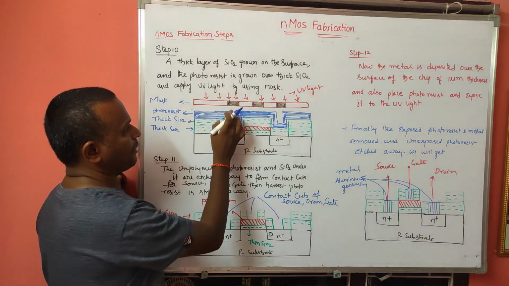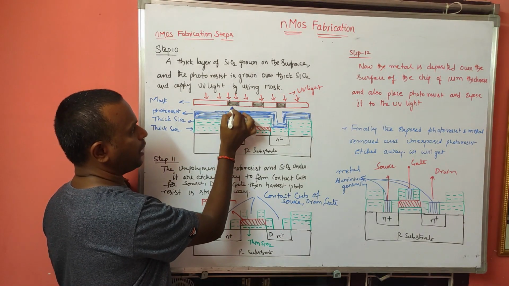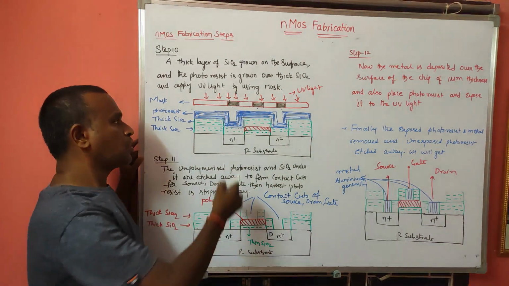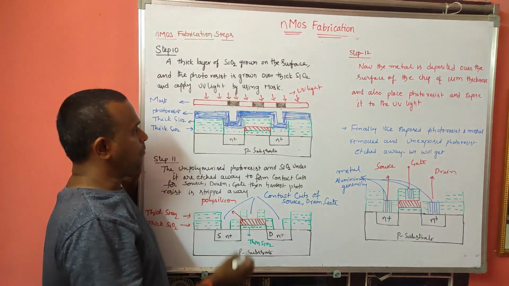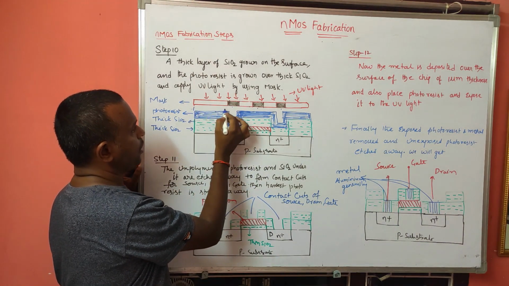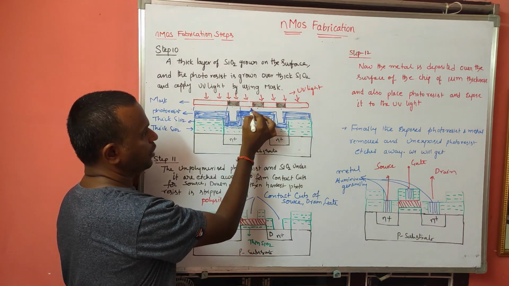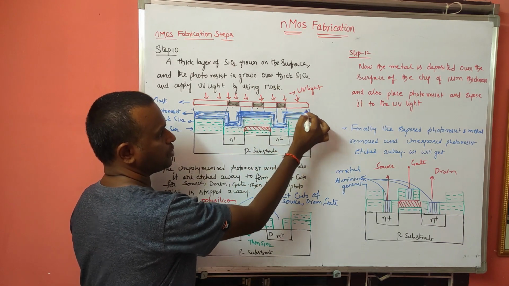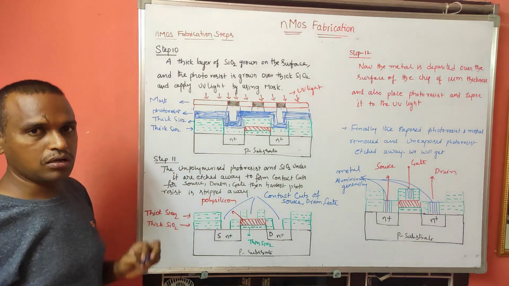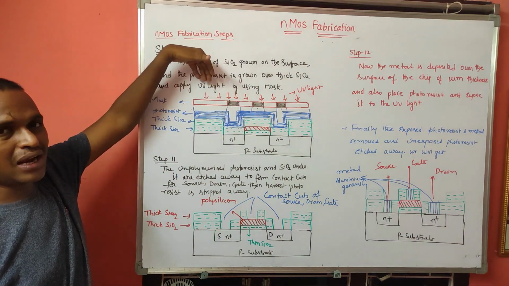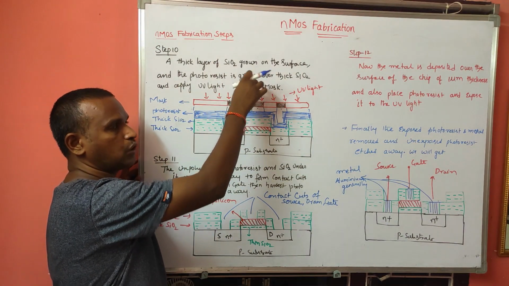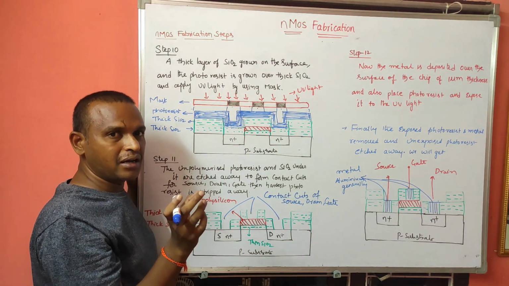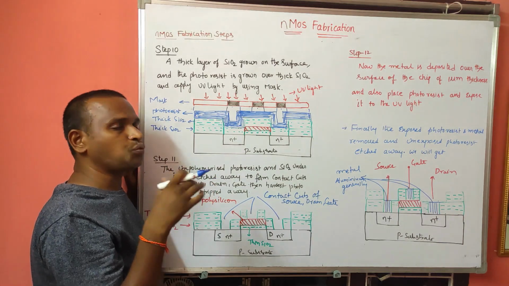Okay, so here I am placing the mask. At this point and at this point and at this point there is no light coming towards the photoresist, but in this place, from this point to this point, and from this point to this point, the light will fall. Wherever the UV light falls on the photoresist, that material will be hardened, and that we can remove.